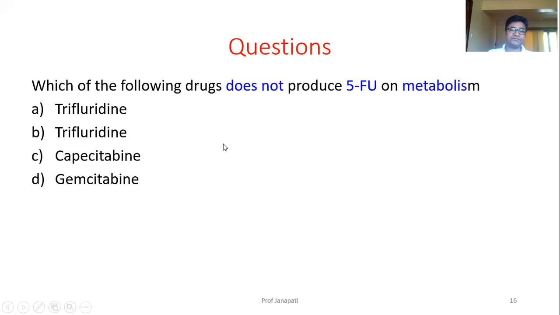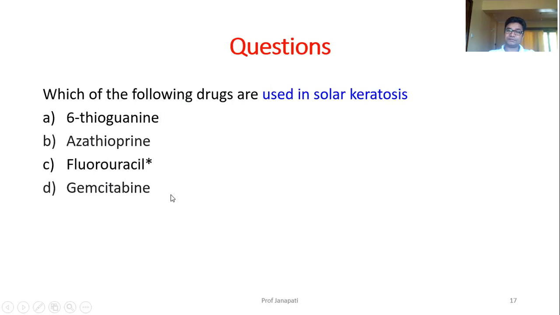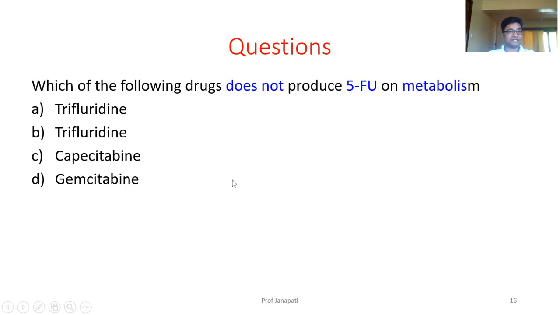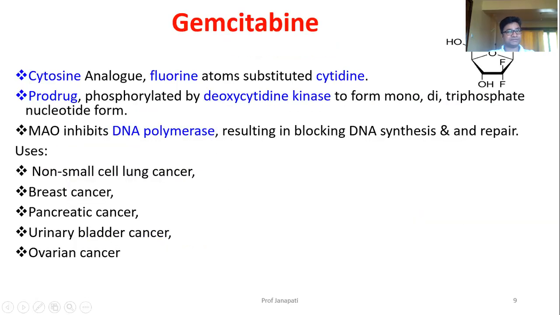Now, which of the following drugs does not produce 5-fluorouracil on metabolism? Capecitabine, though it has a cytosine structure, is converted in the body to 5-fluorouracil. Gemcitabine will not produce it. Let us see one more time what gemcitabine is.